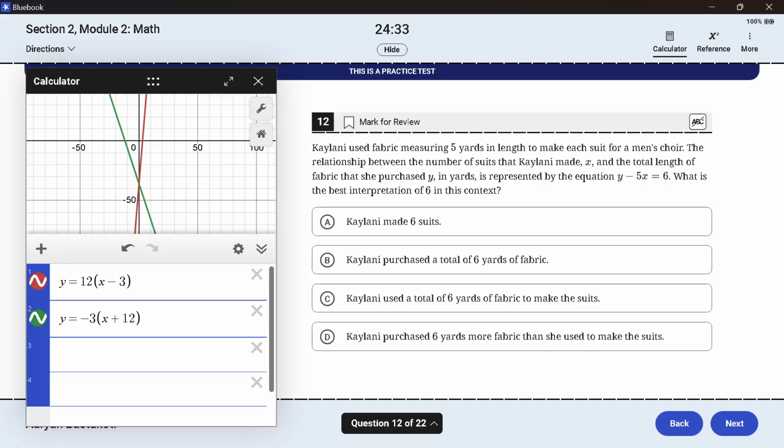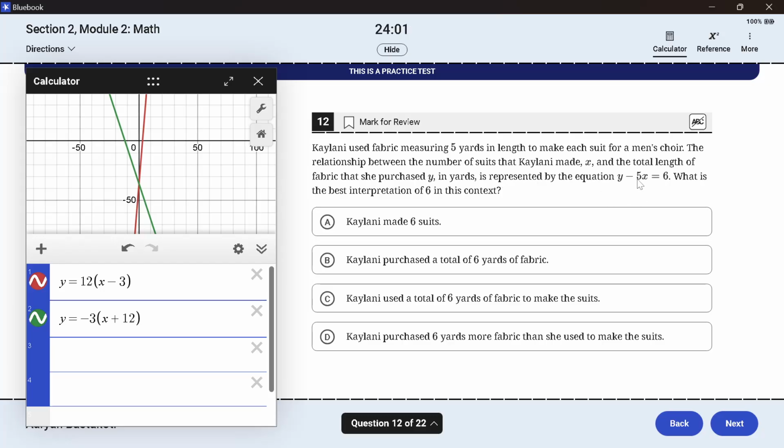Koilani used fabric measuring 5 yards in length to make each suit for men. The relationship between the number of suits that Koilani made, x, and the total length of the fabric that she purchased, y, in yards is represented by the equation y - 5x = 6. What is the best interpretation of 6 in this context?